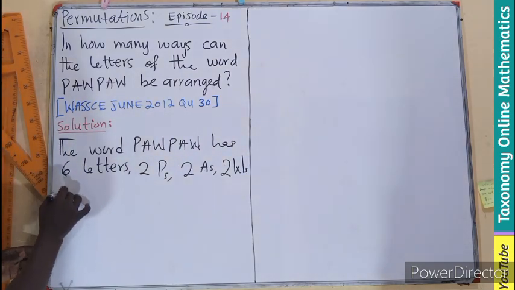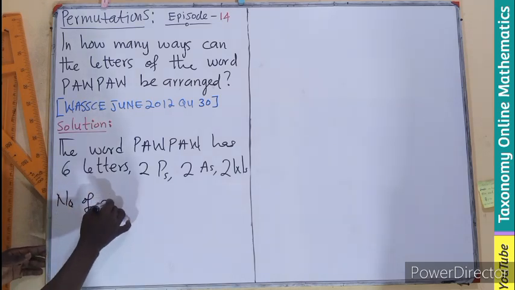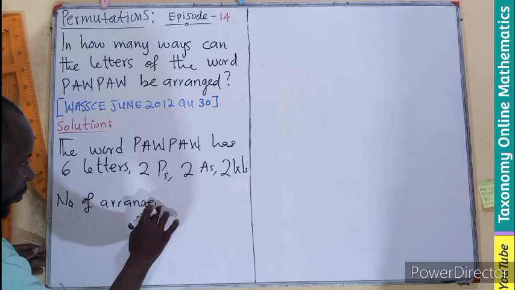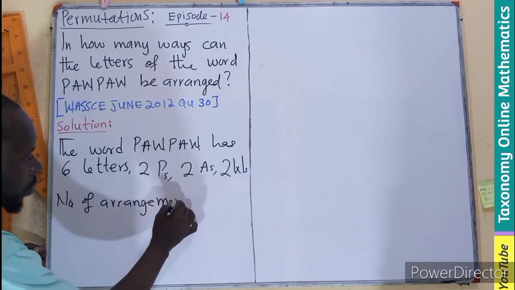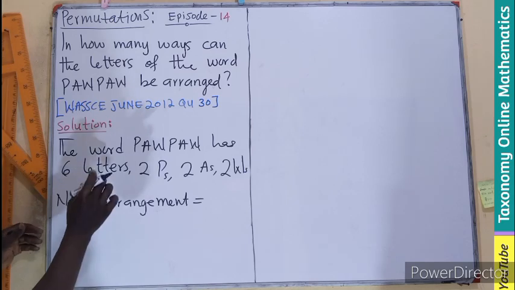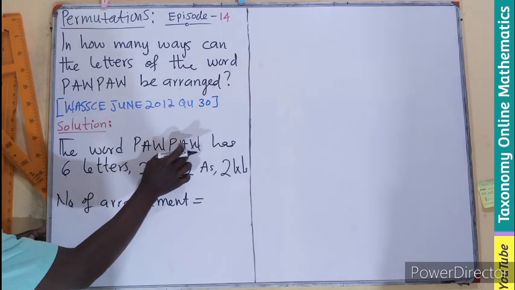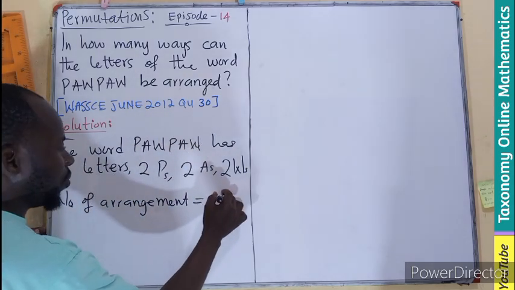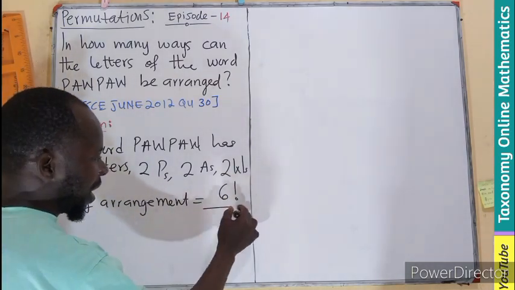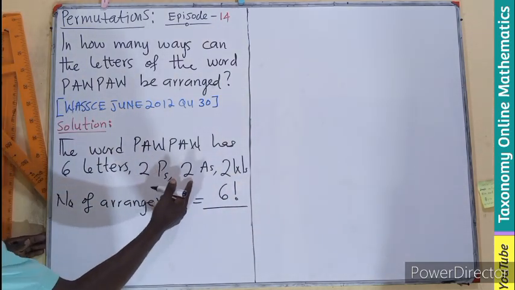So, the number of arrangement is going to be total number of letters available, which is going to be 6 factorial. Then divided by the identical ones.